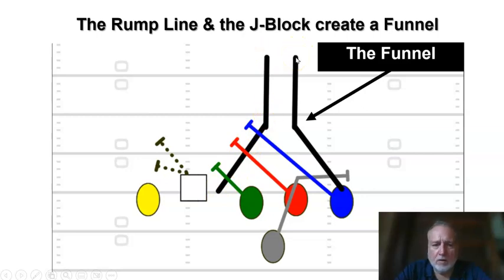It's an upside down funnel for the wrapping guard to hug the inside of the funnel, the rump line, close enough to strike a match. And for the running back, if we can get that wall all the way in here, he's going to bang it right there. Stay away from the outside wall of the funnel.